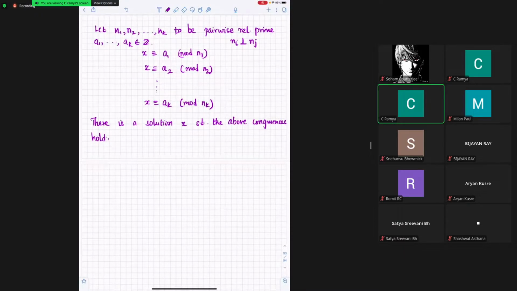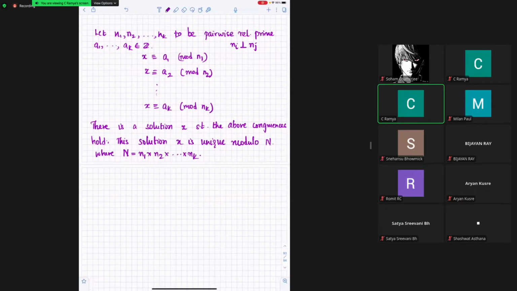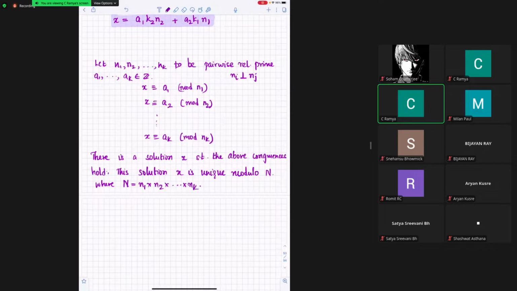This solution x is unique modulo the product of these numbers, so modulo capital N, where capital N is N1 times N2 and so on. We will see why this is true, how to show that it is true, and so on. But at least what is going on should be fairly clear. So this theorem is called the Chinese remainder theorem.